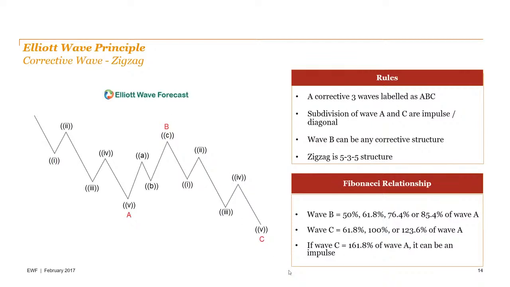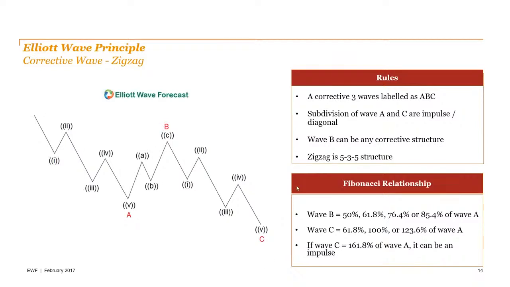If you see this is extended, then you should start to suspect this is not an ABC, but this is a 1, 2, 3. Because when you only have 3 swings, the only way you know that this is an ABC or 1, 2, 3 is whether you see an extension in the third swing. If you see it's reaching 161.8, then you should start to suspect this is a 1, 2, 3, and then you will get a 4 and 5.